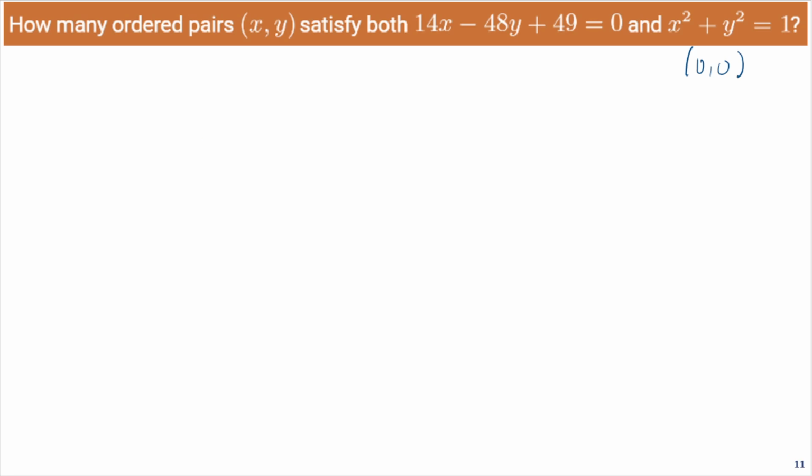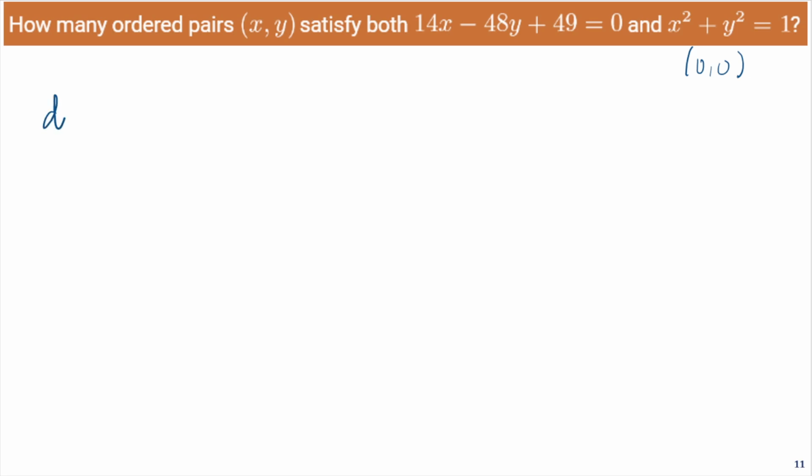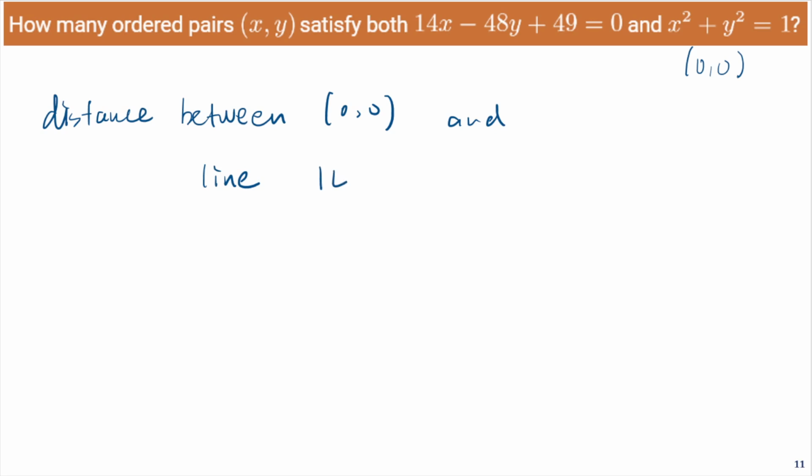So according to the formula we have just learned, we need to check the distance between this point (0, 0) and the line. The line has equation 14x minus 48y plus 49 equals 0, right? So we can use the formula we have just learned.